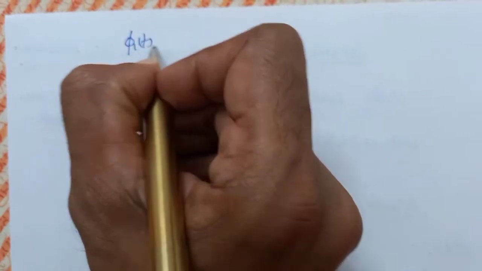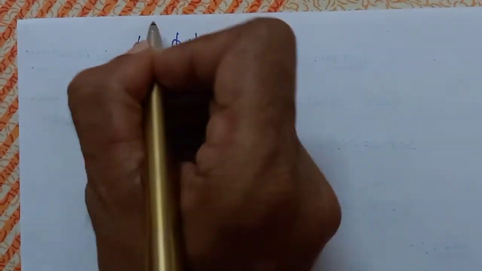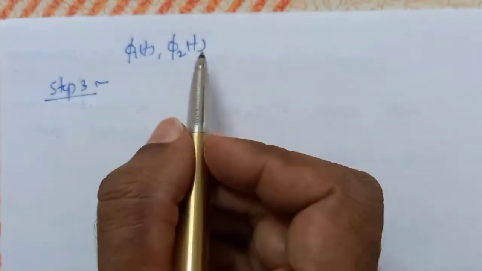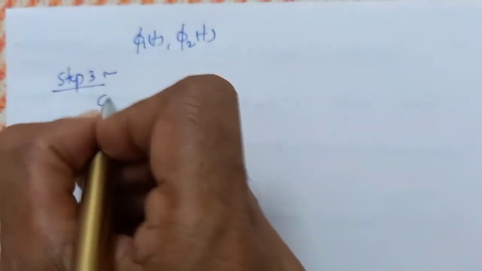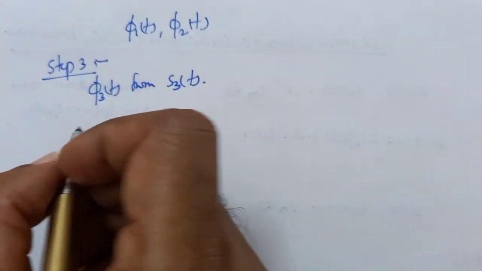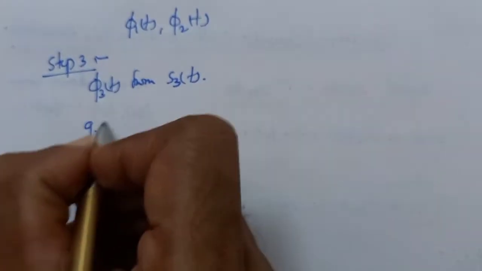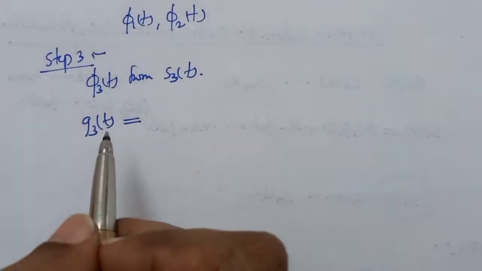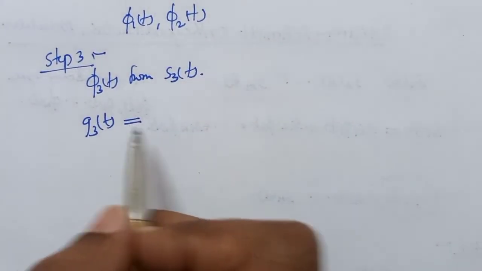So far we found φ1(t) and φ2(t): φ1(t) from s1(t) and φ2(t) from s2(t). Now step number 3. We need to find φ3(t) from s3(t). For that, we need to define an intermediate function, say g3(t). What is g3(t)? g3(t) is a component which is completely orthogonal to the first and second axis.